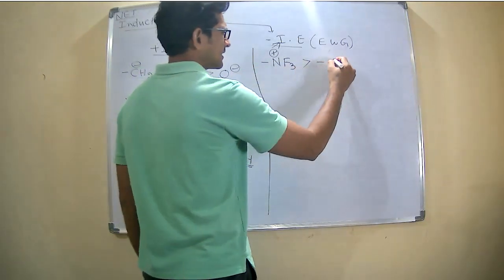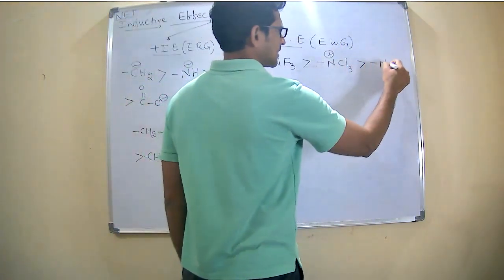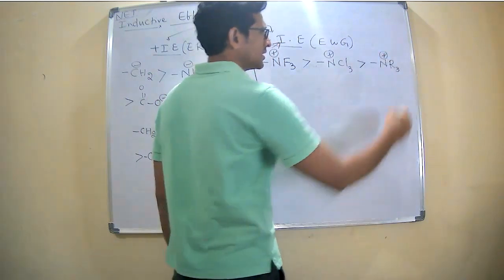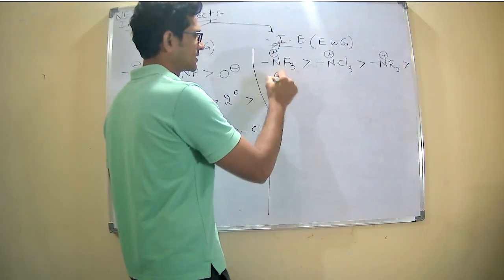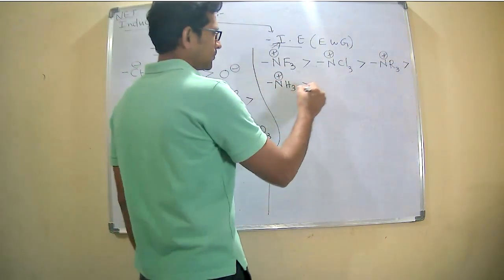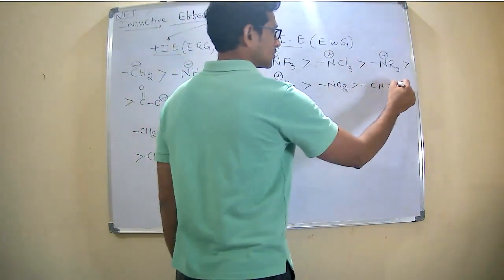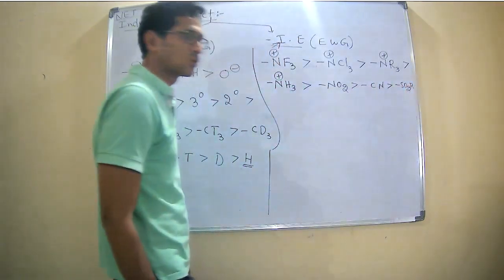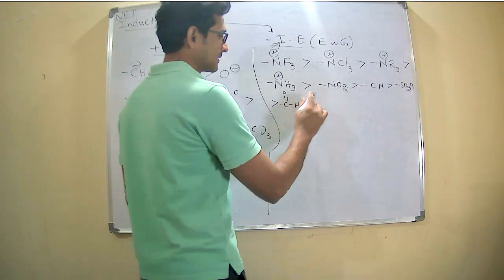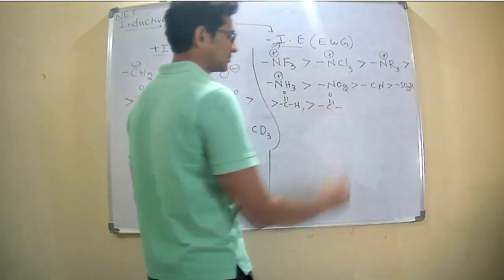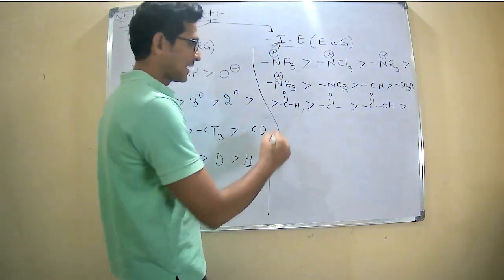It is greater than NCl3 plus, which is greater than NR3 plus, where R is the alkyl group, which is greater than NH3 plus, then nitro, then cyano, then sulfur compound SO2R, next aldehyde, then ketone, then acid, then halides.